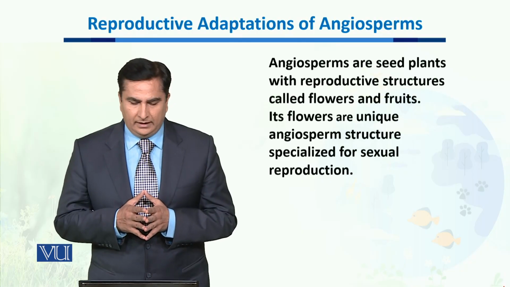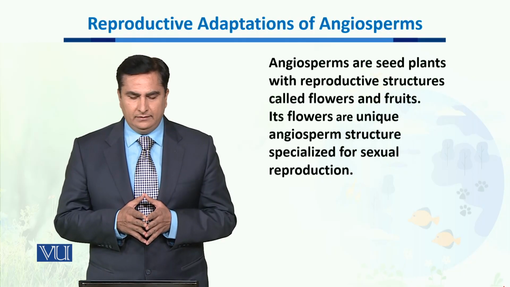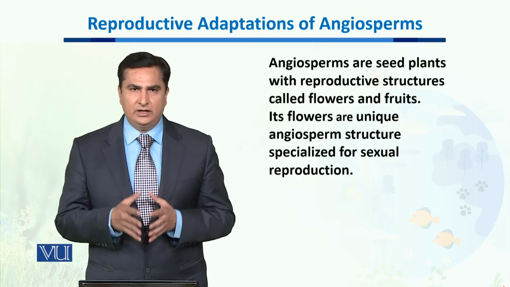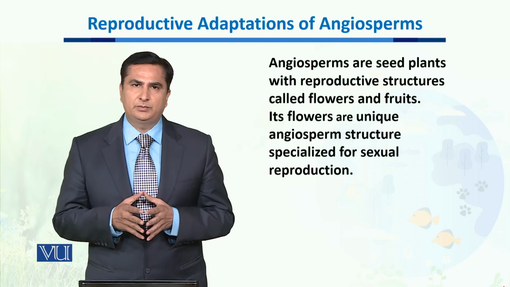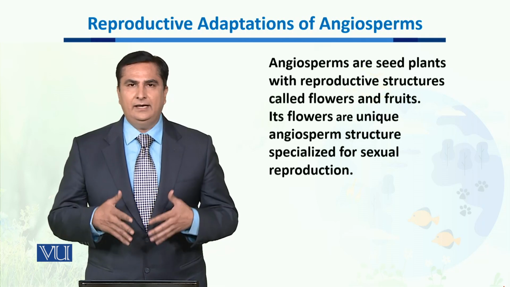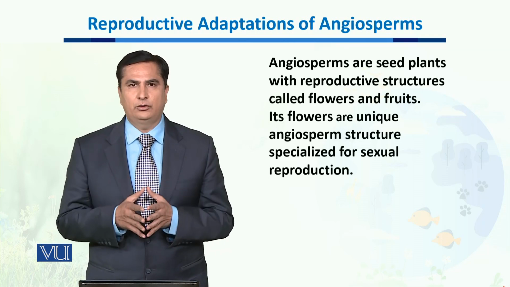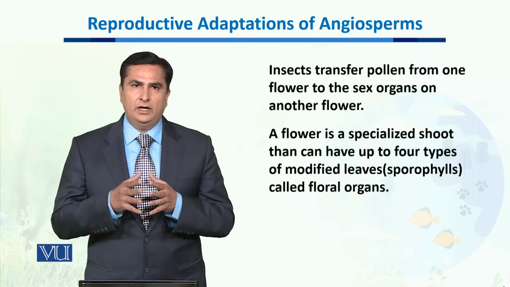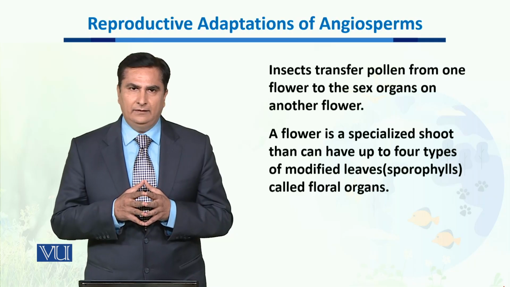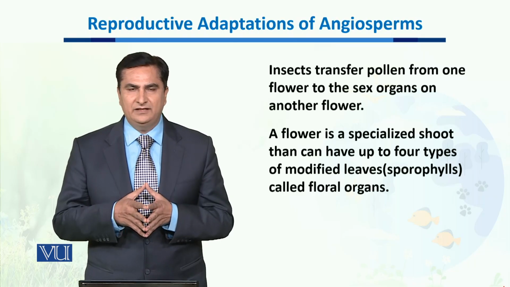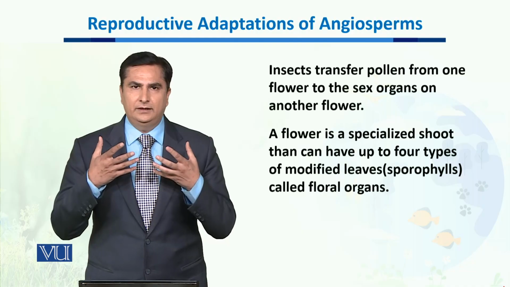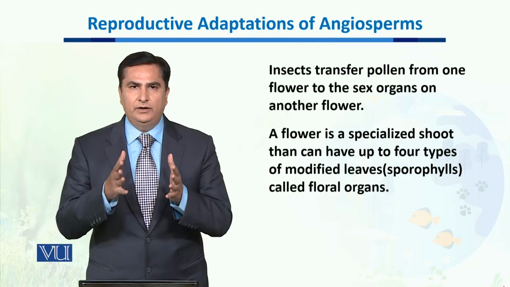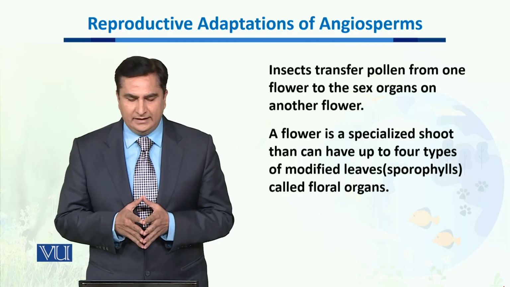Angiosperms are seed plants with reproductive structures known as flowers and fruits. Flowers are very unique structures which angiosperms have, and they are specialized for sexual reproduction within these plants. When we talk about the flowers, they are equipped with different scents, different sweet nectars, as well as different colors, which attract a lot of insects.